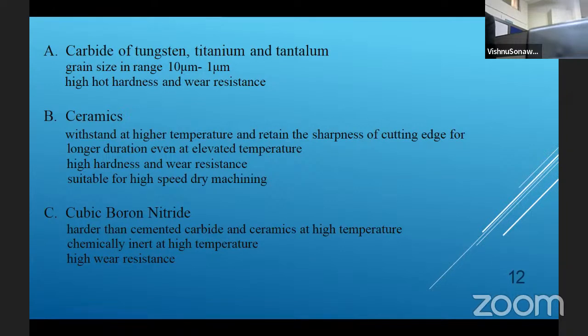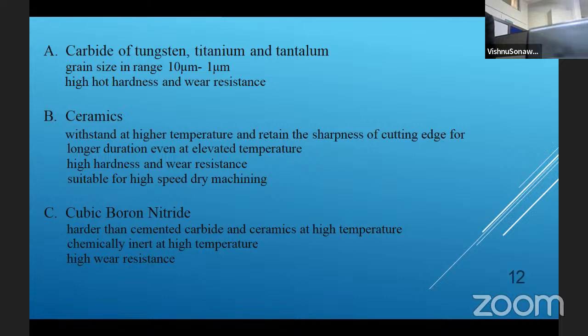Here, when we are using ceramic cutting tools, they withstand higher temperature and retain the sharpness of the cutting edge for a long duration at elevated temperature. As the cutting time increases, the temperature rises, and they retain the sharpness of the cutting edge with high hardness and wear resistance, so they are suitable for high speed dry machining.